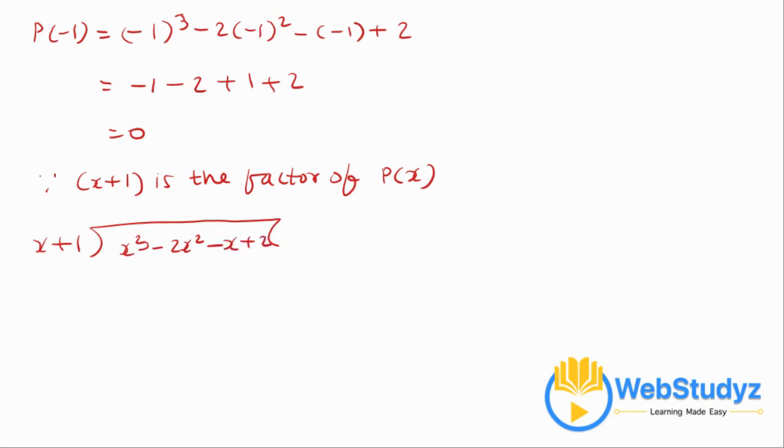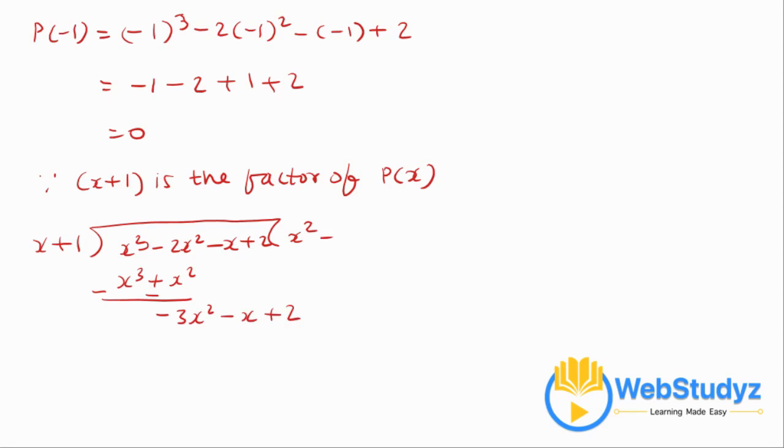Now taking quotient as x square, we get x cube plus x square. Subtracting this, we get minus 3x square minus x plus 2.